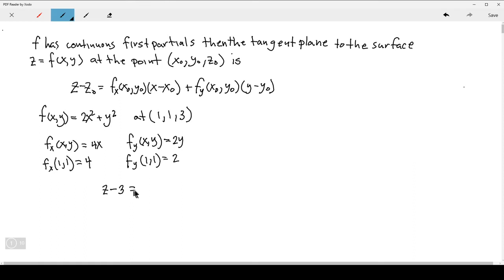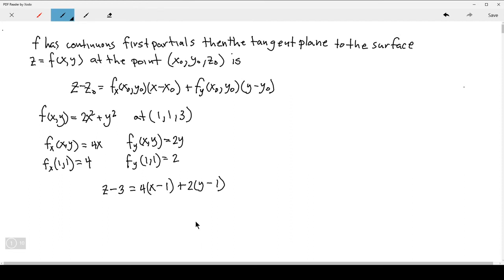Equals fx at (x0, y0), so that is 4, times x minus x0, which is 1, plus fy at (x0, y0), so that is 2, times y minus y0, which is 1. So there's my plane.